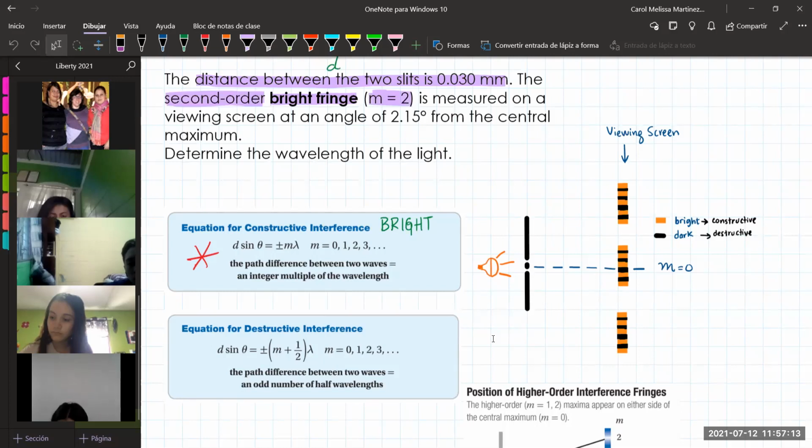This m is from the equation, and m refers to the order. Then it says that it is measured on a viewing screen at an angle of 2.15 degrees. So the angle is the other data we can obtain from the word problem. And then it says determine the wavelength of the light, so I need to find the wavelength.